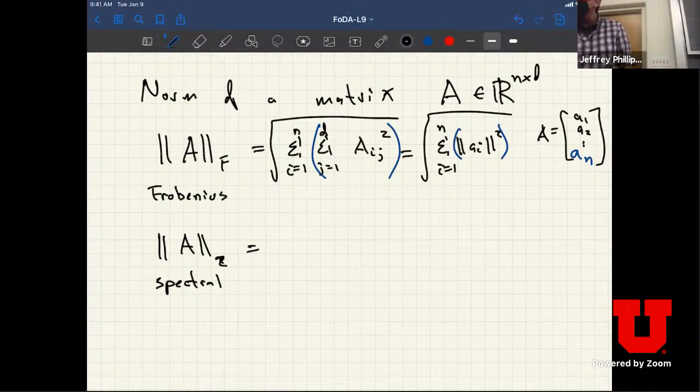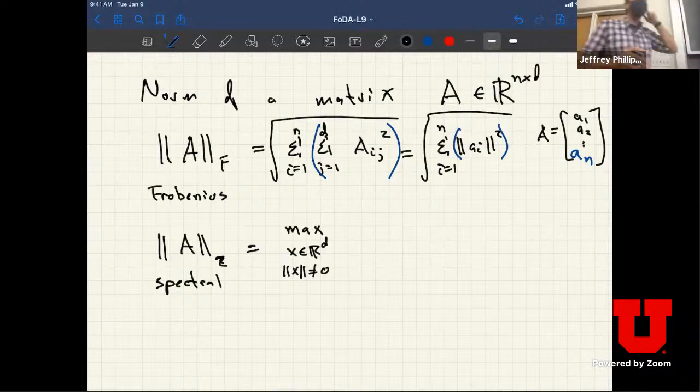Okay, so this one is a little bit trickier to understand. This involves a max. There are other ways to define this, but this is, I think, the most intuitive way to define it with the machinery we have now. I'm going to take any vector in R^d with the norm not equal to 0, any vector that's not the zero vector, and I'm going to do Ax.